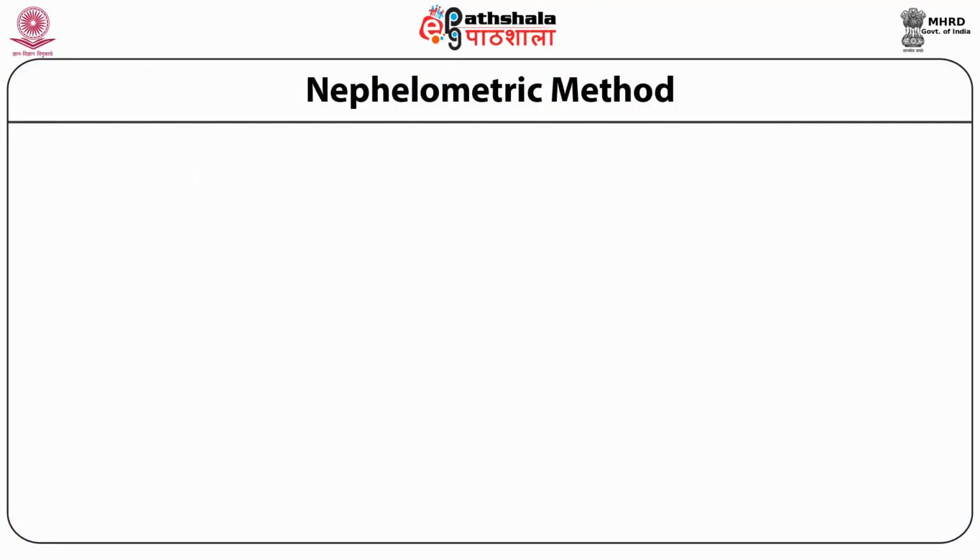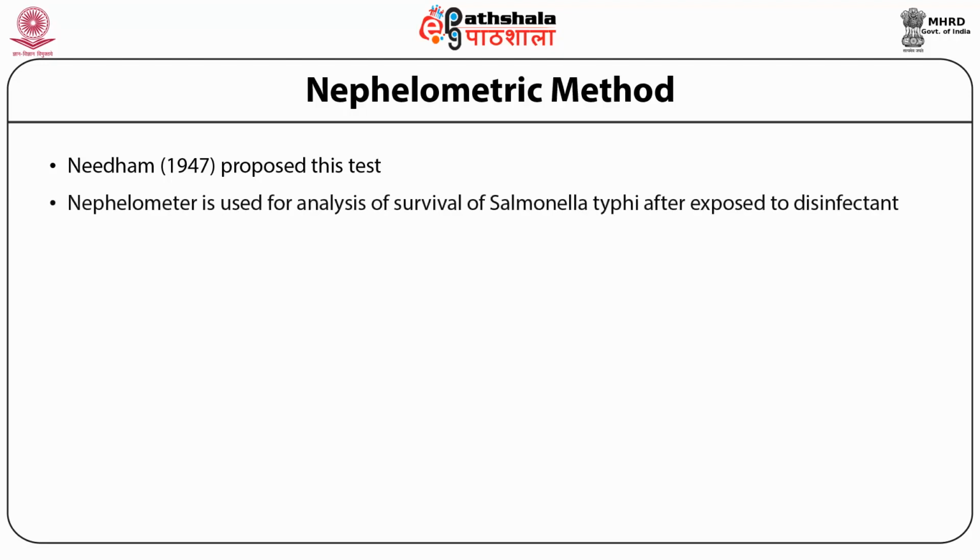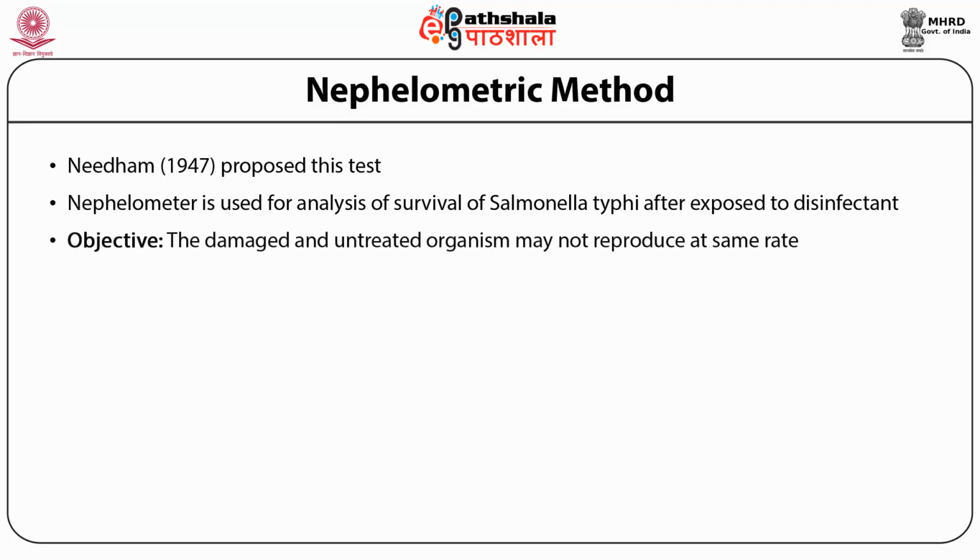Nephelometric method. It was first proposed by Needham in the year 1947. In the nephelometric method, a nephelometer is used for analysis of survival of Salmonella typhi after exposure to disinfectants. The principle is that damaged and untreated microorganisms may not reproduce at the same rate.